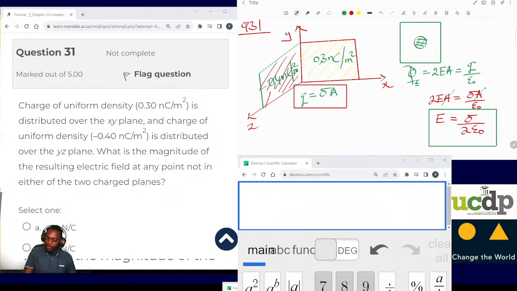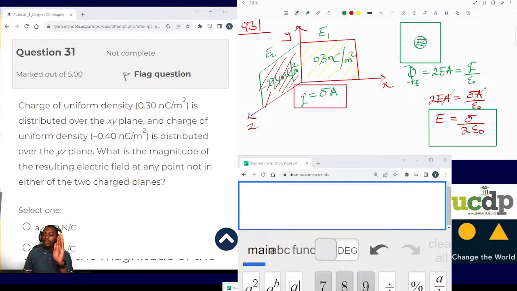So we're going to say this first plane, which is the YX or the XY plane, we'll name it E1, and this one we'll name it E2, right? So E1 is generating an electric field, E2 is generating an electric field, and we're supposed to calculate the contribution of these two electric fields at a certain point.